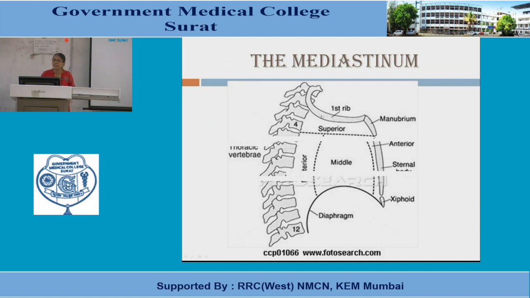Superiorly, the superior thoracic aperture is the boundary, and inferiorly, the superior mediastinum is bounded by this imaginary plane extending from the sternal angle to the lower border of the fourth thoracic vertebra. So, these are the boundaries: anterior, posterior, superior, and inferior, and on each side there is the mediastinal pleura. That is the boundary.